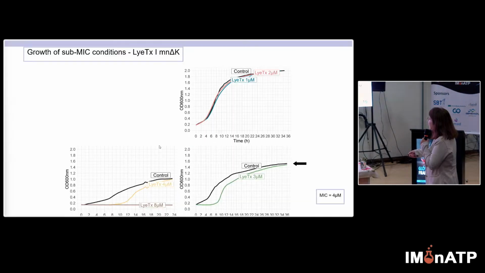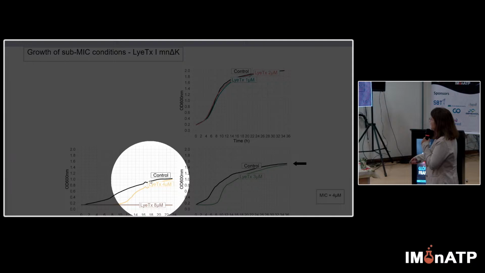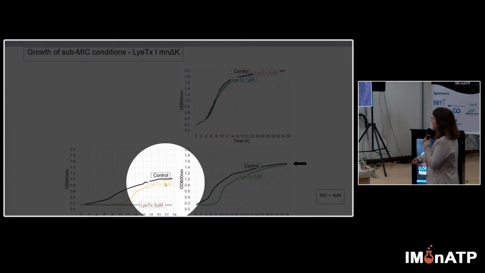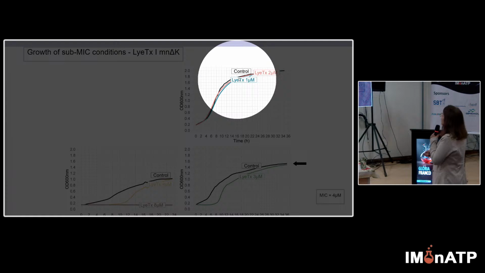This is the MIC for the peptide. And then we used a concentration higher than the MIC, 8 micromolar. The MIC is 4 micromolar. And then it causes a delay in the growth.